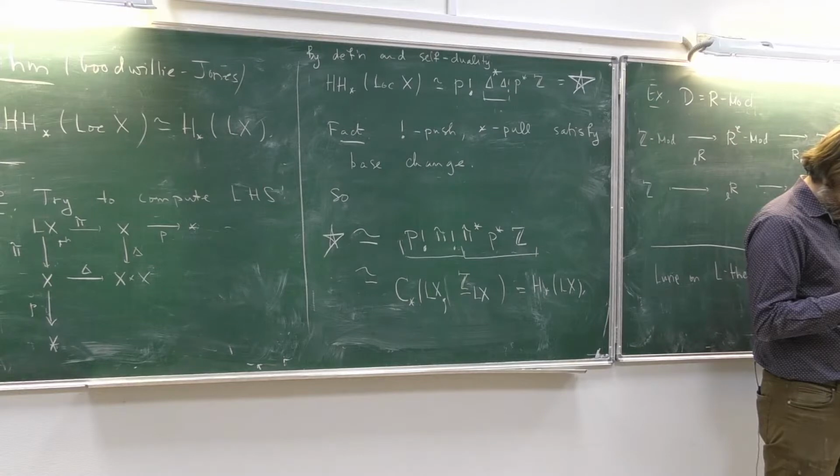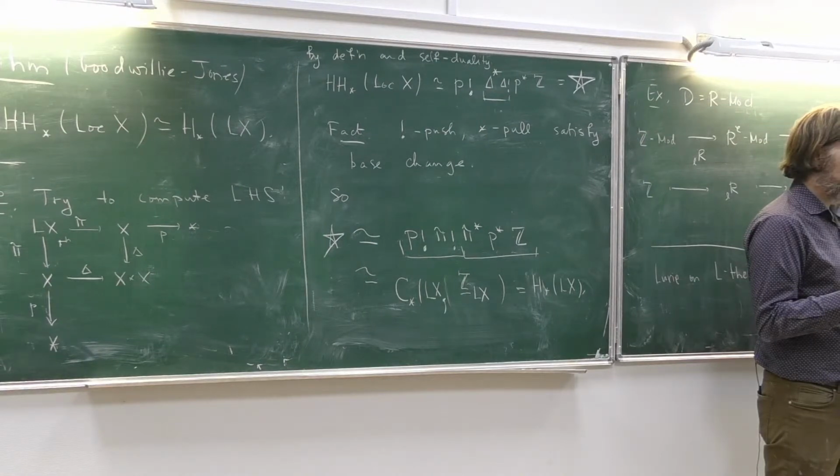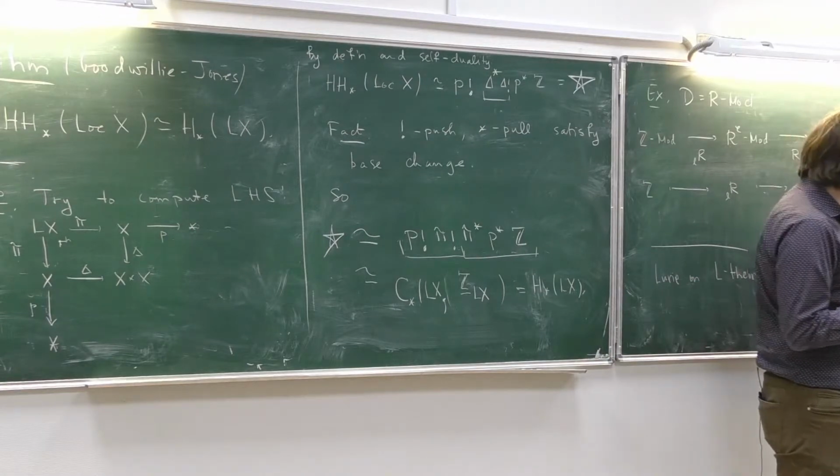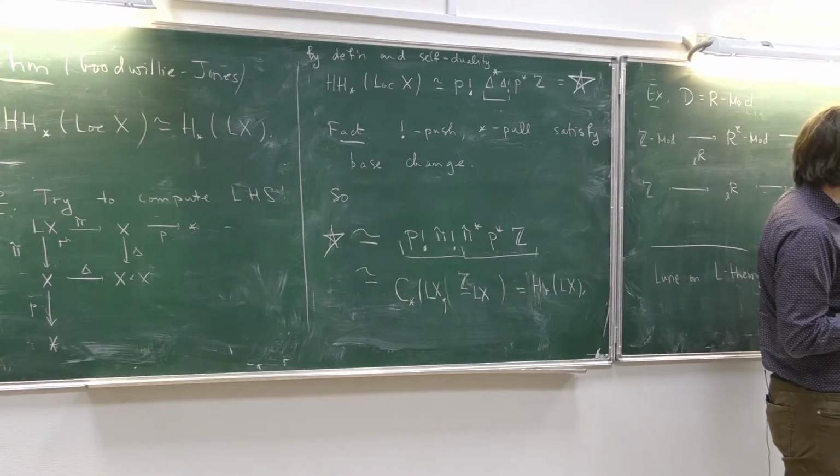Is it not? I think it is. If it is, then you obtain for free a description of homology without dualizable. No, because this is tensor over R, not just tensor with a constant sheaf.